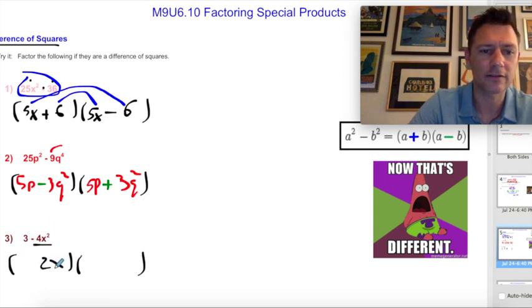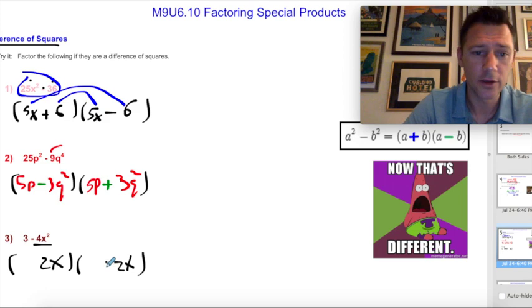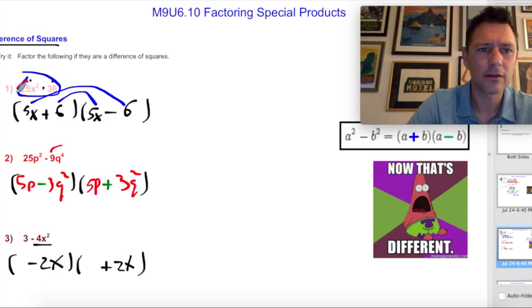It's 2x and 2x. I know because it's the difference of potentially two squares, we'd have a plus and a minus. And before, we took the square root of 25 and you got 5, and that's what we used here and here. And we took the square root of 36 and used it there and there.